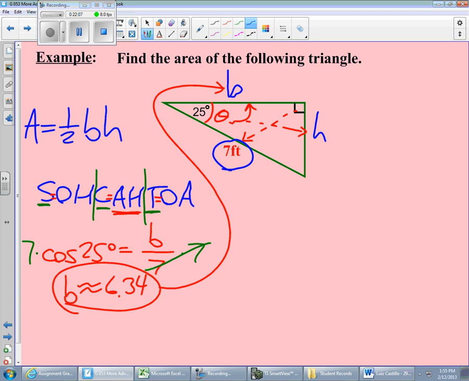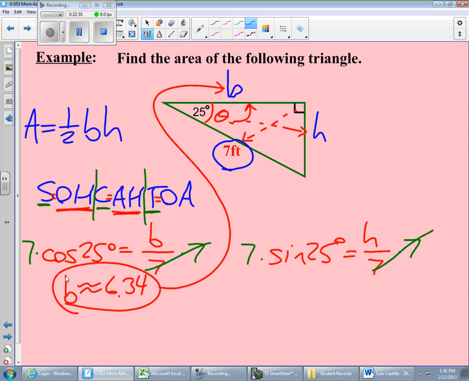So look at your trig functions and ask, do I have an opposite and hypotenuse somewhere? Yeah, the sine function does that. So I'd say, sine of 25 degrees equals opposite over hypotenuse. Again, that 7 is being divided in there, so to move it, we have to multiply it out.